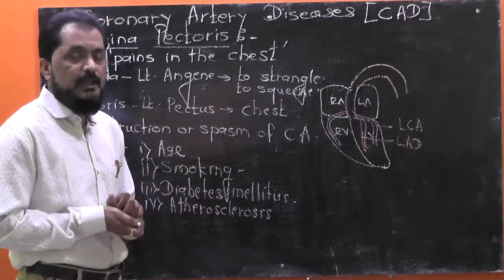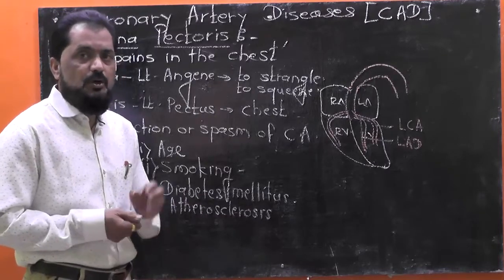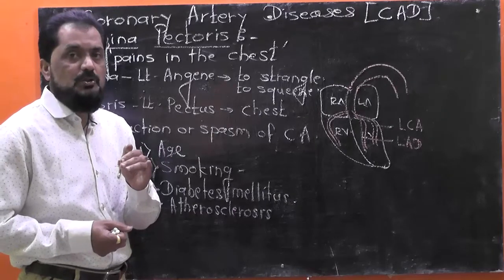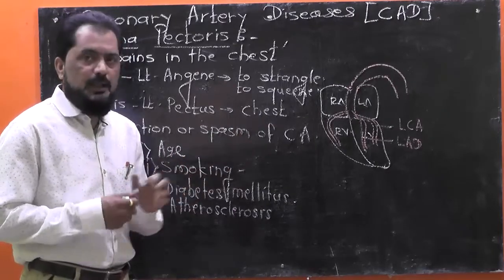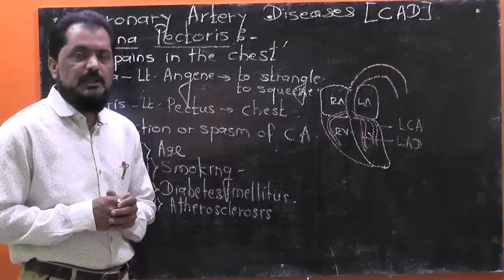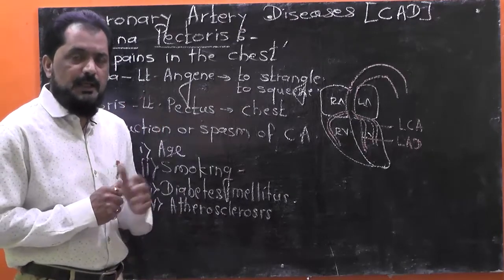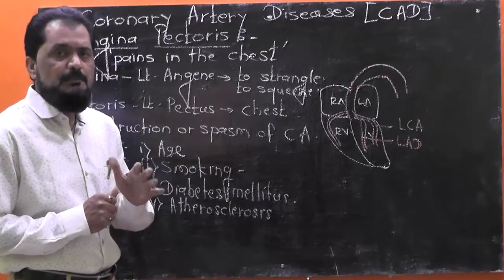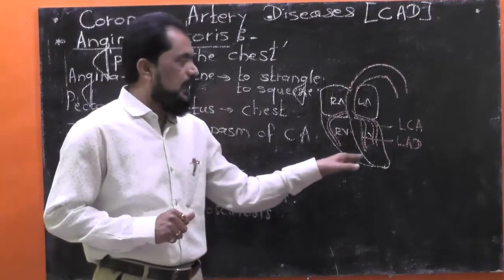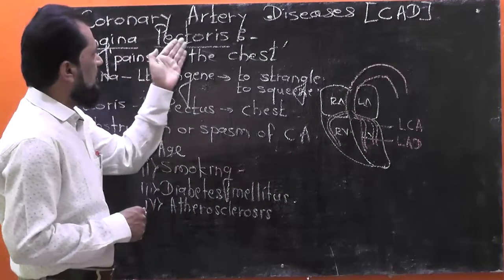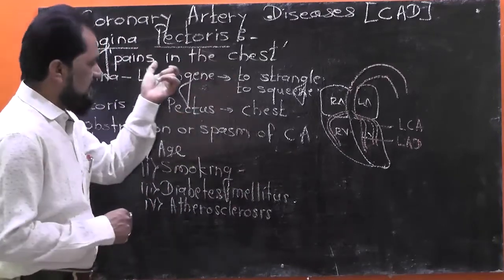And whenever there is a deposition of fat or cholesterol, that is the formation of plaque in the coronary arteries, definitely it brings about the narrowing of the lumen of the coronary artery, and it leads to improper supply of blood to the heart muscles, and subsequently it leads to coronary artery disease, that is angina pectoris.